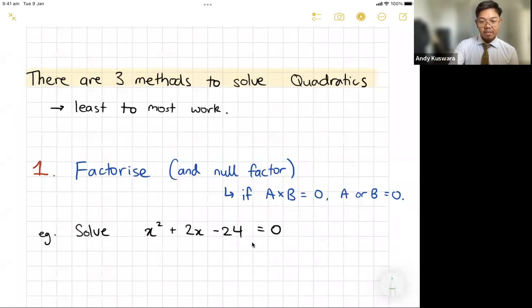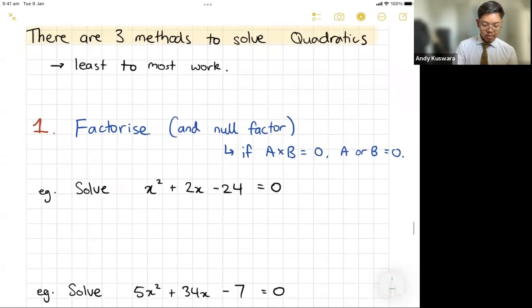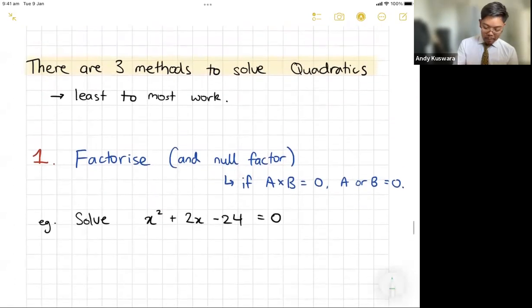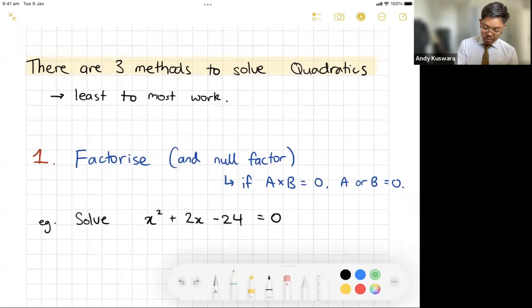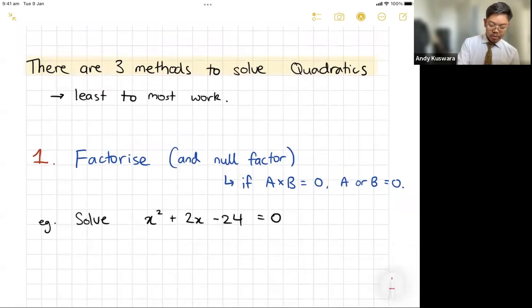For this case, if we're going to factorize, let's take a look at this first one. We've got x squared plus 2x, take away 24. I'm just going to use my PSF method. I want a product of -24 and I want a sum of 2. I'm going to go through my factors and I can see that it would be 6 and 4.